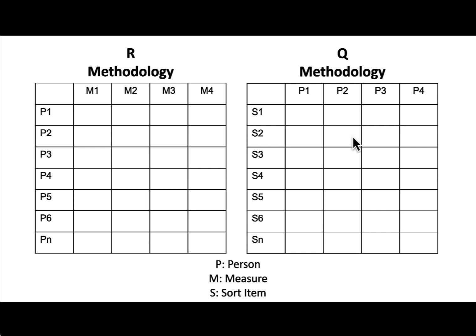So in the traditional use of factor analysis, what we'll call R methodology, we would give a large number of people, I have a P here on the left-hand side, a variety of measures. And it could be, who knows how many, it might be 6, 7, might be 12, 13. And we start finding that people are performing in maybe similar ways across some of those particular measures. For example, imagine giving lots of activities that require a person to communicate with speech and text.